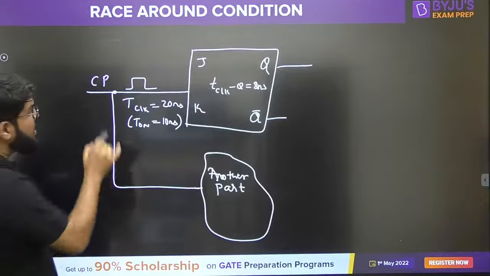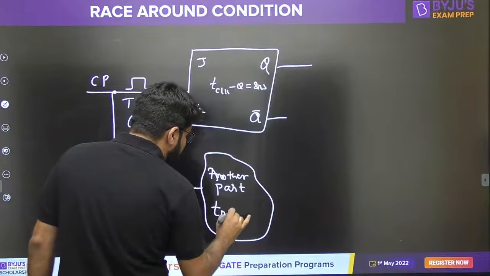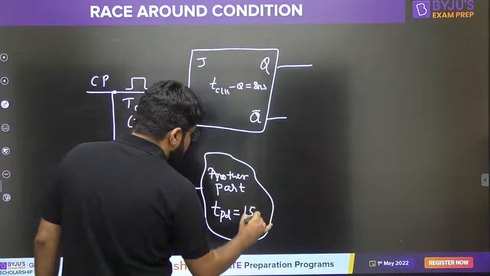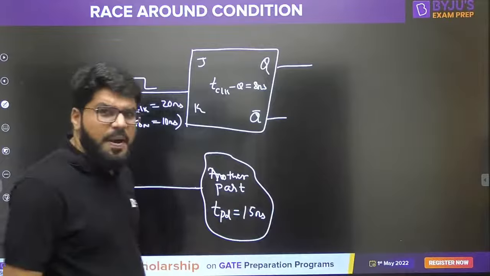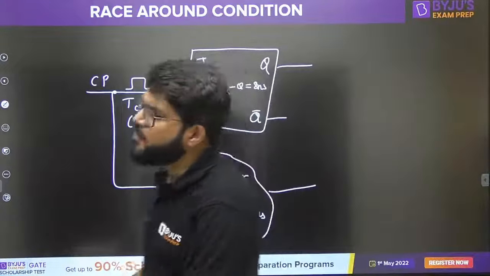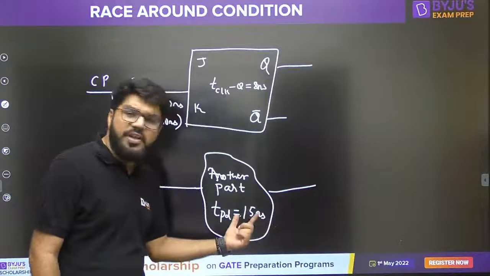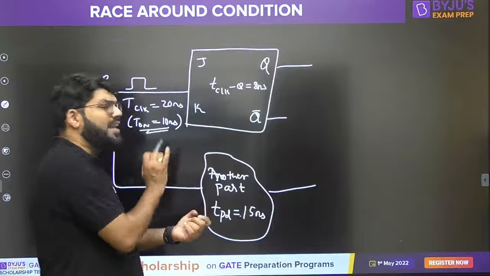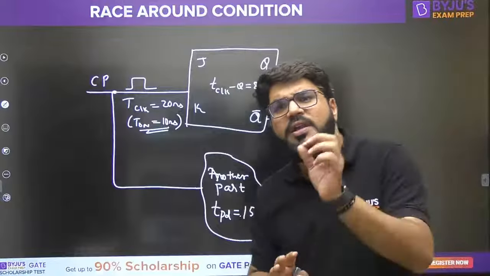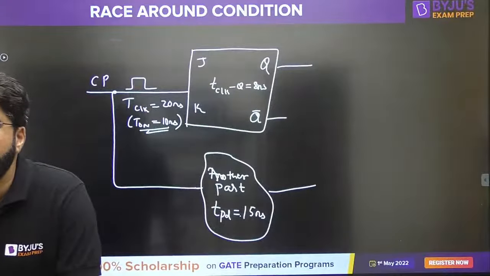But suppose the same clock pulse is connected to another part, and the propagation delay of that part is, let's take, 15 nanoseconds. So the time required for this other part to change its output is 15 nanoseconds, but you only apply level 1 of the clock for 10 nanoseconds.